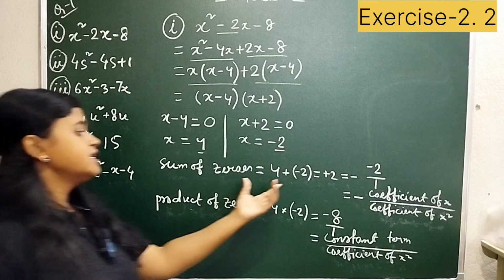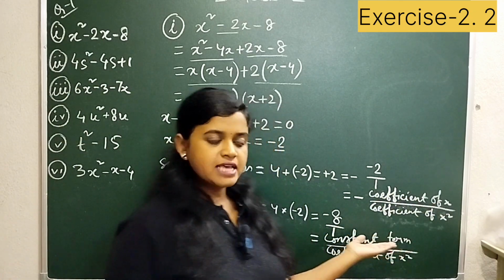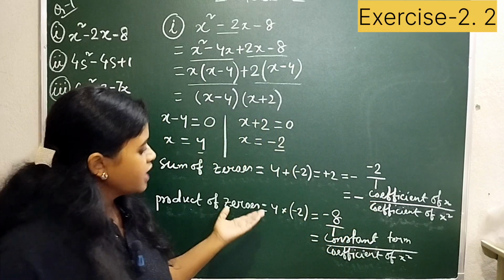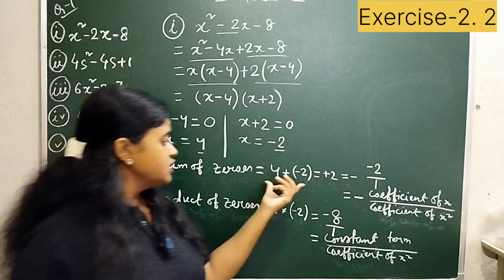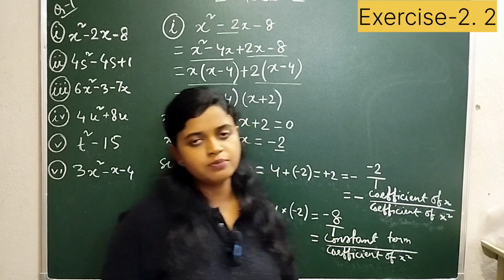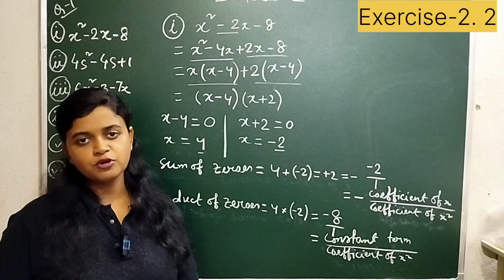So these are the zeros, and these are the coefficients of x and x square. That's how we can establish the relationship between the zeros and the coefficients of the polynomial. This is the final answer of question number 1.